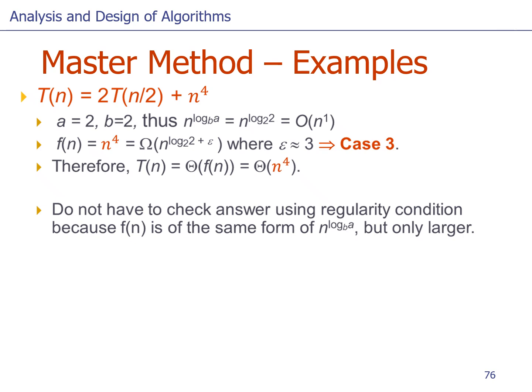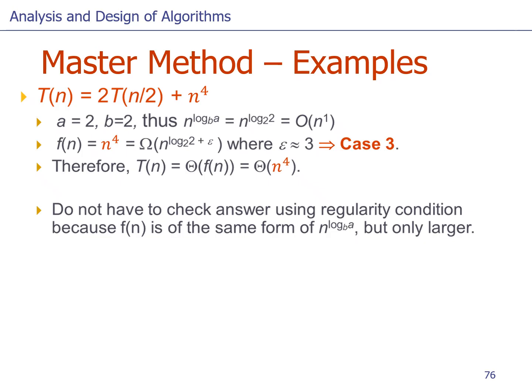Now f of n is n to the 4. So the difference is plus epsilon, or plus 2. Sorry, 3. The epsilon has to be 3 because it's the difference between n to the power of 1 and n to the power of 4, and it's a plus. So what that means is we are at case 3. At the root level, we're doing most of the work.